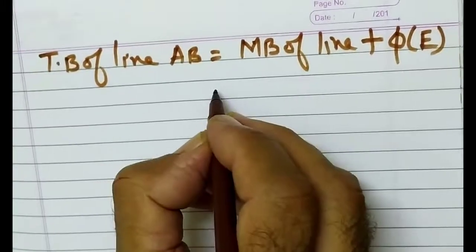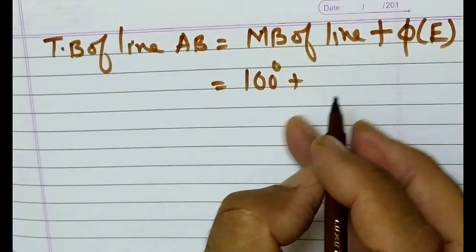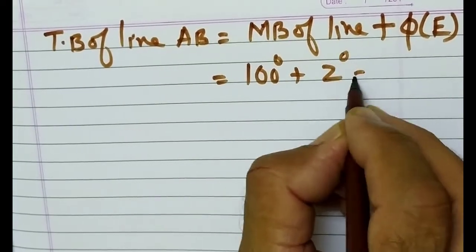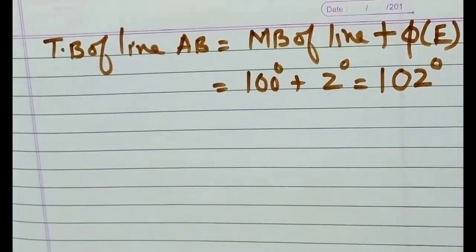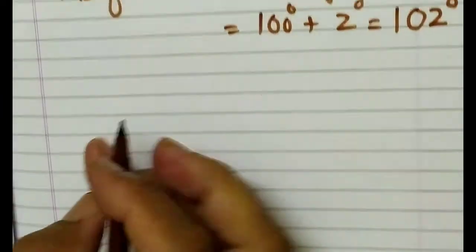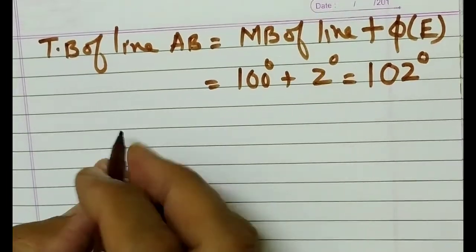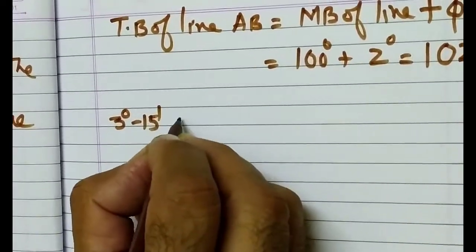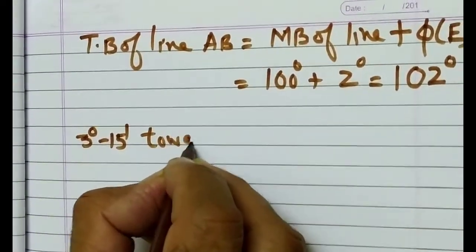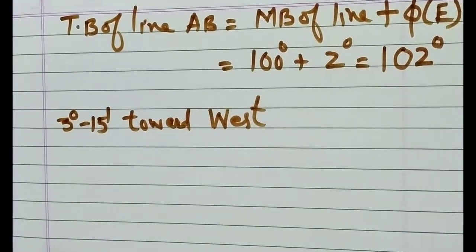So here it is 100 degrees plus 2 degrees. This will be the true bearing of line AB. In the second case, the declination is given as 3 degrees 15 minutes towards west. So what is the true bearing of the line?